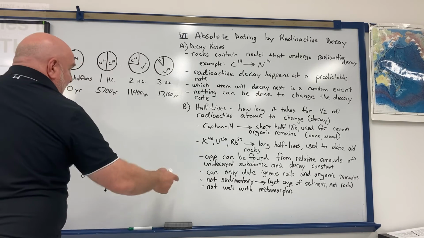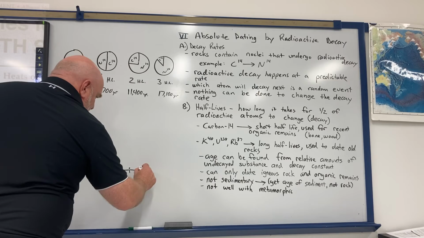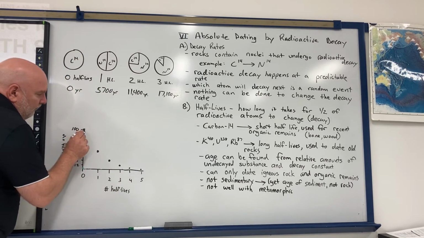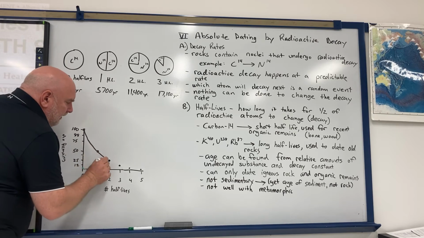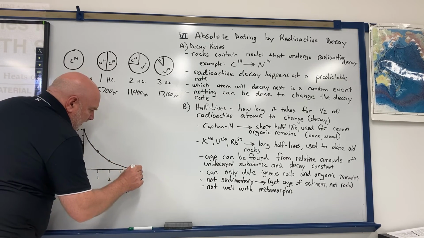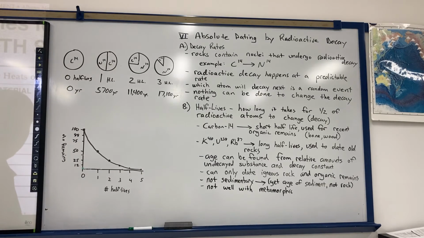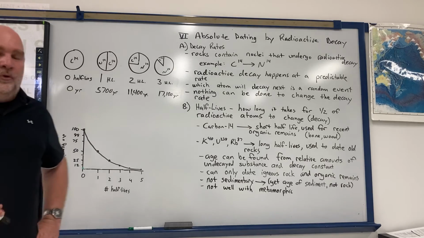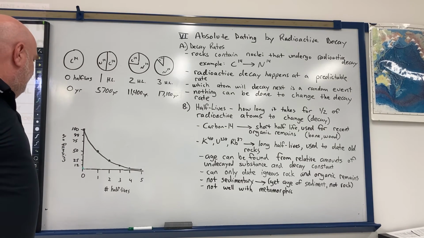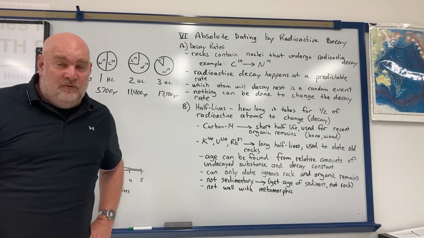And then half of 6, the next one, would be 3. So my graph for what happens to the amount of carbon-14 is not a straight line down, it's a curving graph down. So let's say I analyzed a sample and it had 40% carbon-14.